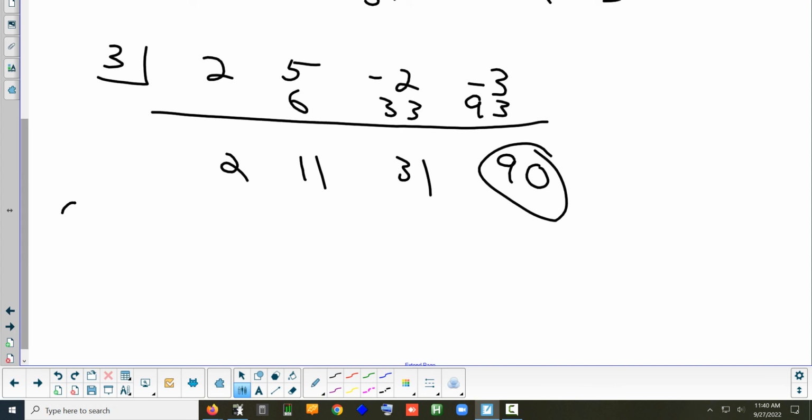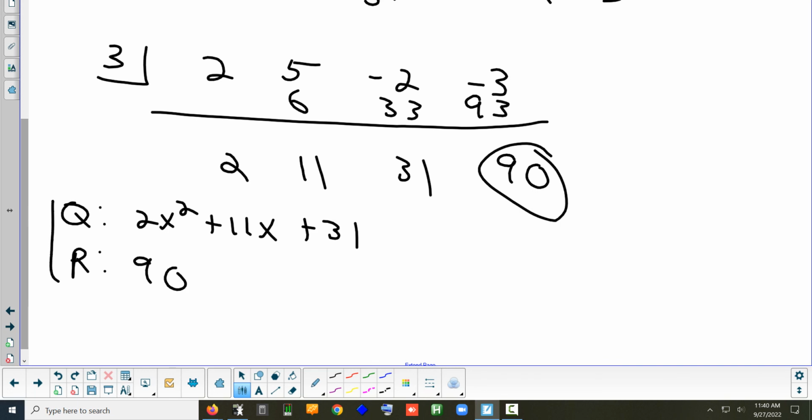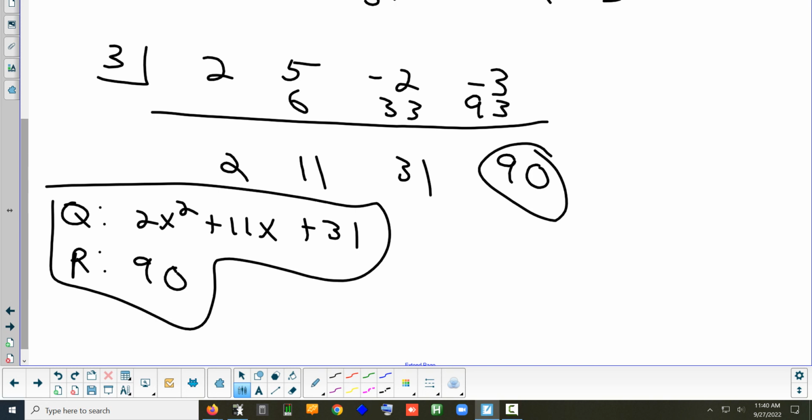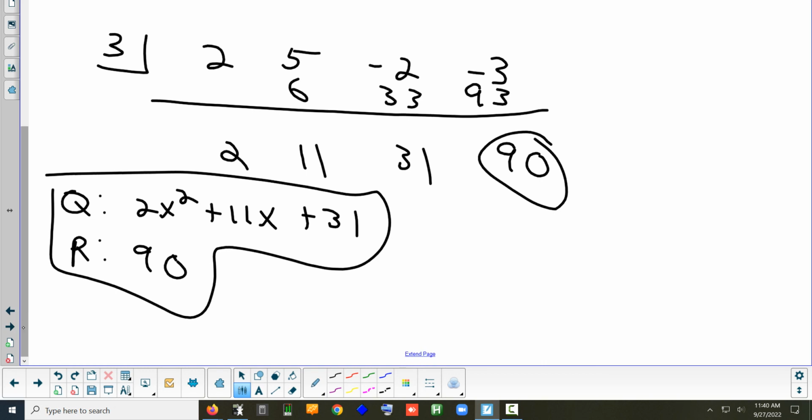But I can write out the quotient and the remainder. So this would be your quotient, and this would be your remainder. But again, completely useless to do anything with in this problem. Doesn't help me at all. Questions on that?